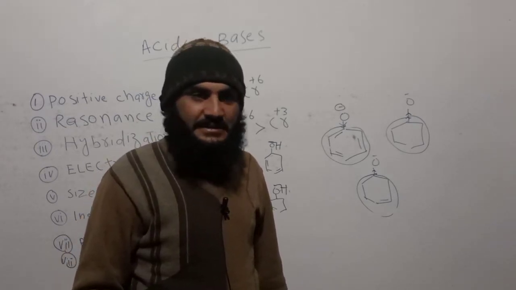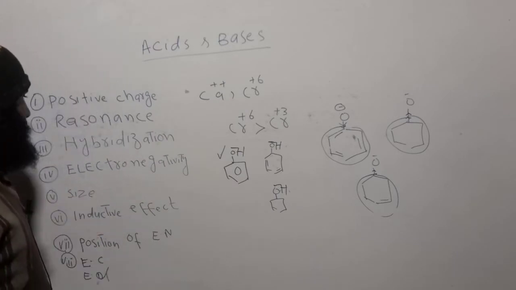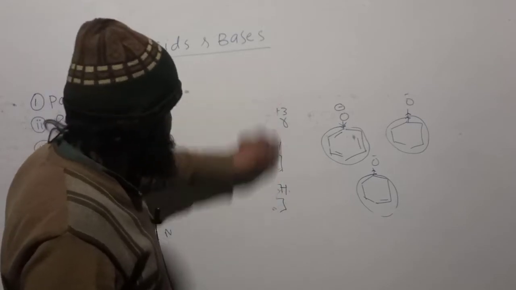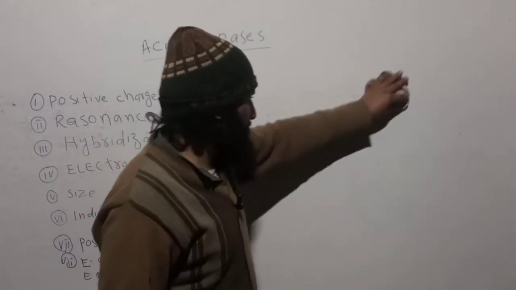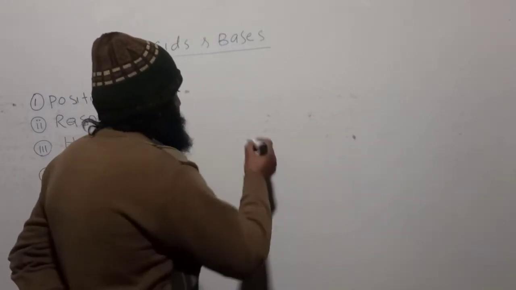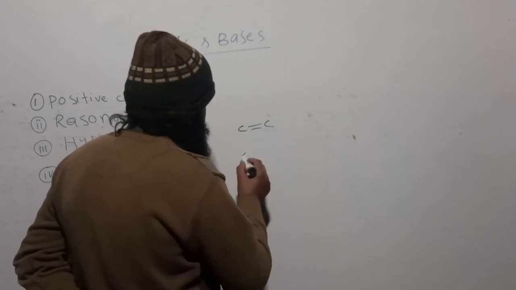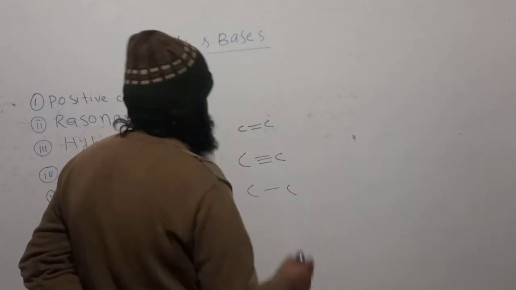Clear? Okay. So again, hybridization also affects the electronegativity of a species. For example, you can see here this structure, one is that, second one is that, and third one is that.